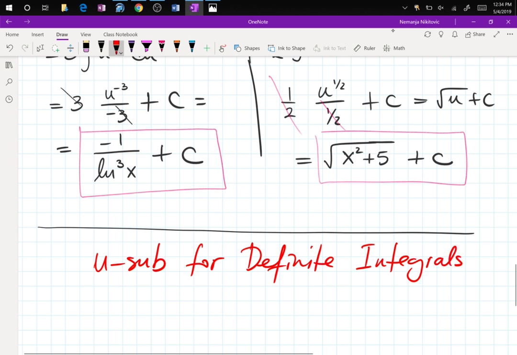This is still the same lesson, just another part. So now I have to be a little bit careful. I can't put whatever.